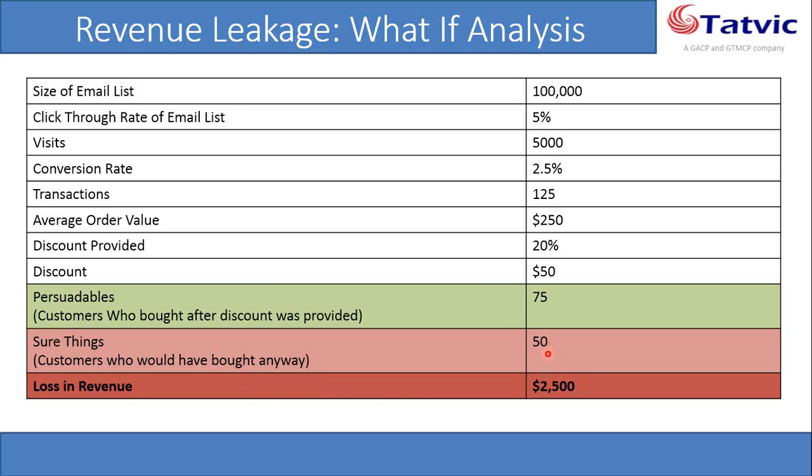The loss involved due to these 50 customers buying under the effect of discounts is 50 multiplied by the dollar value per customer, which is $50. That would be $2,500. So if you were to send this entire campaign 4 times a month, then that stacks up to $10,000. So there is indeed some revenue loss attributed to this particular discount campaign.